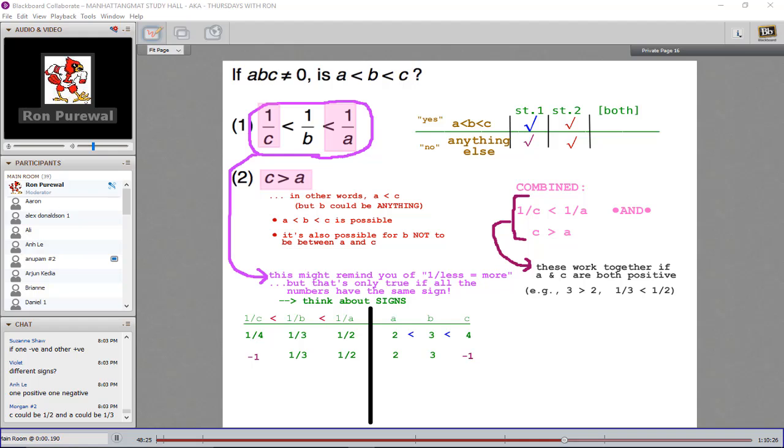Sure they do. If that's not clear, just throw it into numbers. For example, -2 is greater than -3, and -1/2 is less than -1/3 because it's more negative. So, smiley face if that makes sense.